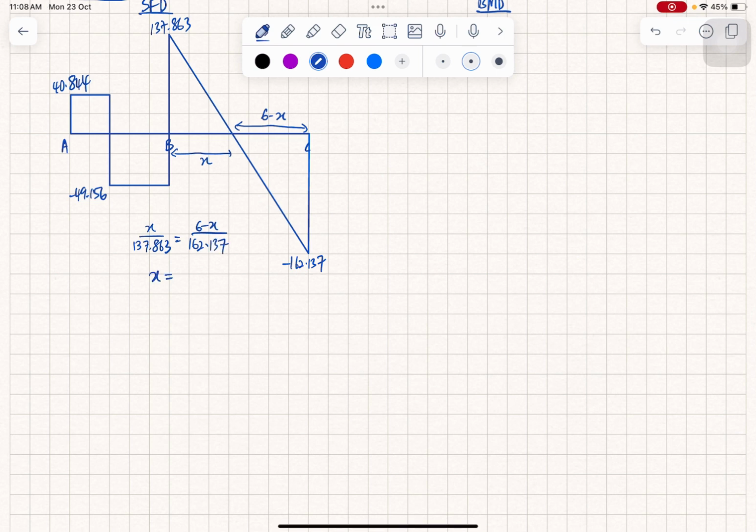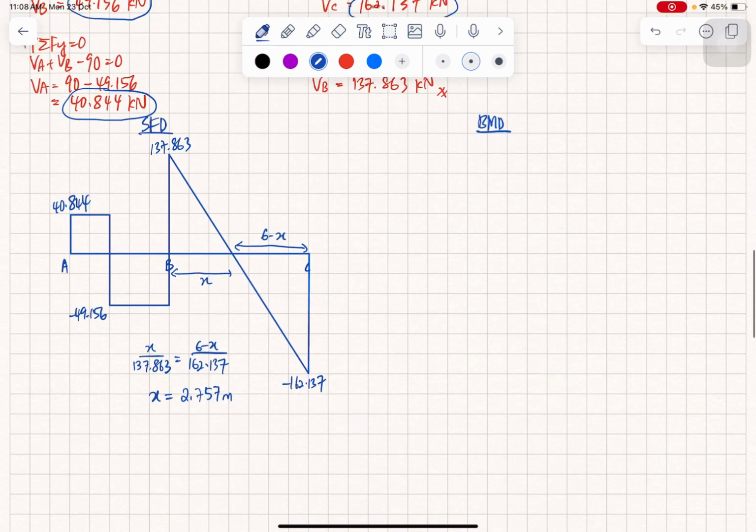Let us obtain our x value. So x is 2.757 meter. Then 6 minus 2.757 gives 3.243 meter.